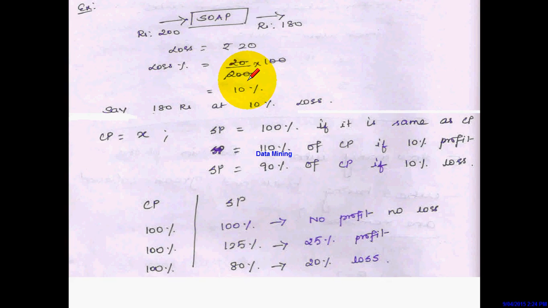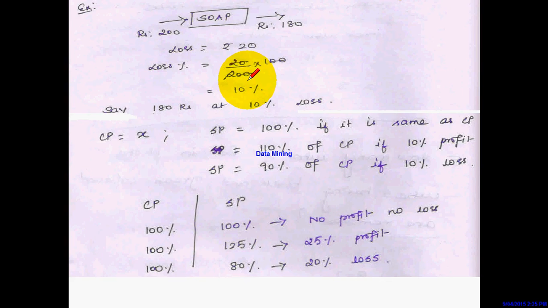Nothing. Always assume your cost price as 100. If the selling price and cost price are the same, selling price will also be equal to 100. That's what we looked at in the first case. In the second case, the clue is there in your problem that it incurs a 10% profit. So my cost price is 100, and if it incurs 10% profit, definitely add this 10 with 100. So my selling price will always be equal to 110% of my cost price.